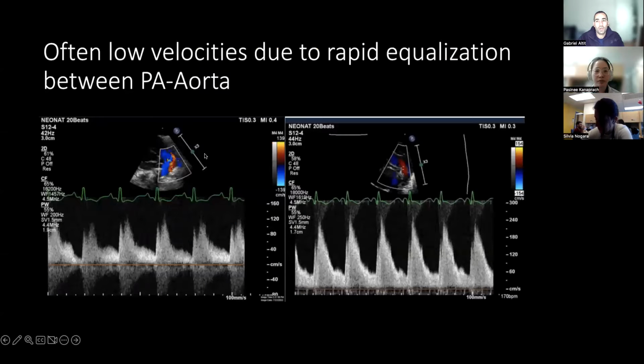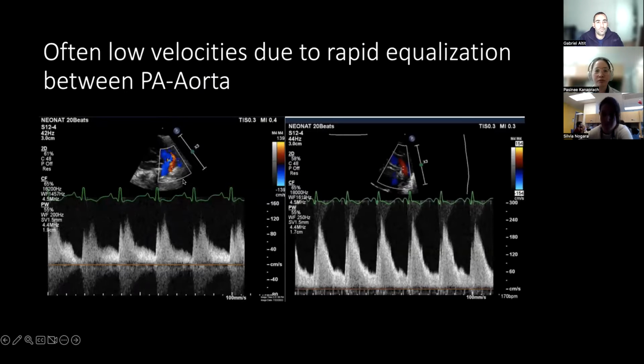Then you want to obtain the velocities through this flow in order to describe if there is rapid or non-rapid equalization of pressure between the two ends. So we'll typically take a pulse wave Doppler.